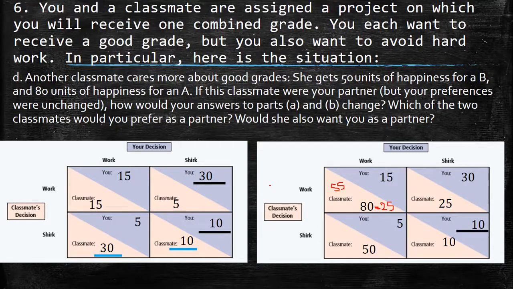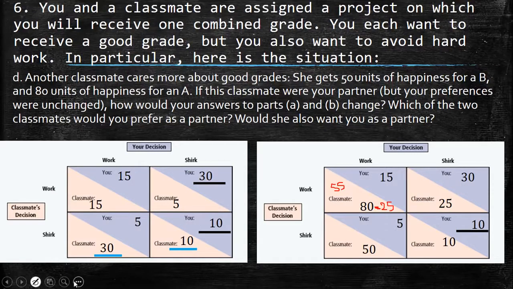So then let's start the comparison. If the other person shirks, the classmate, what should I choose? Work or shirk? Then shirk should be better, right? I will receive 10.